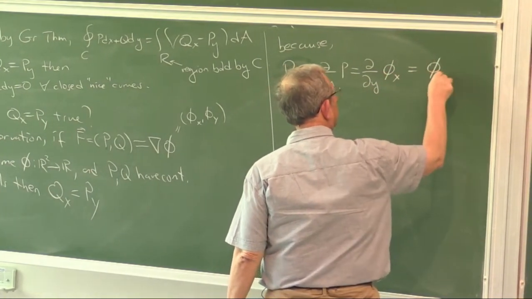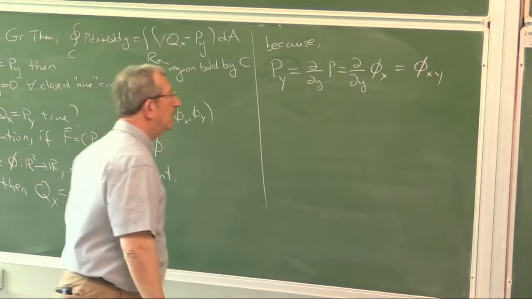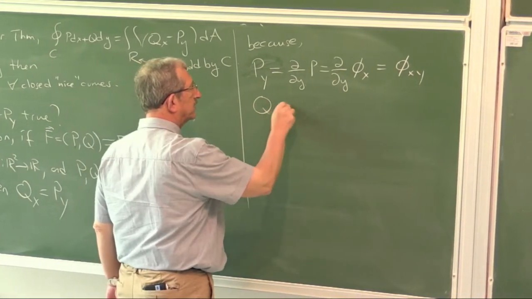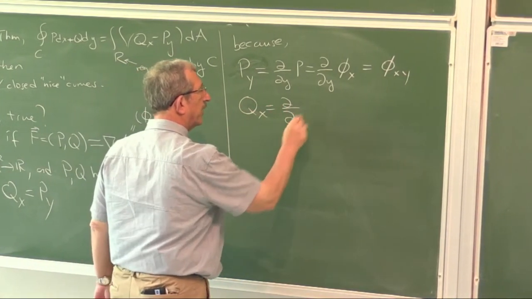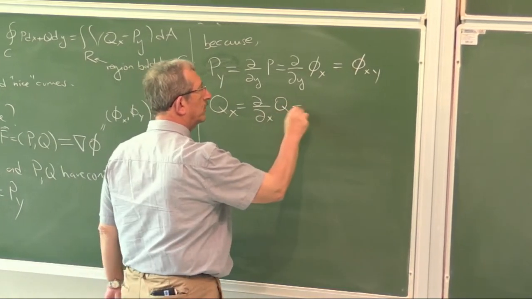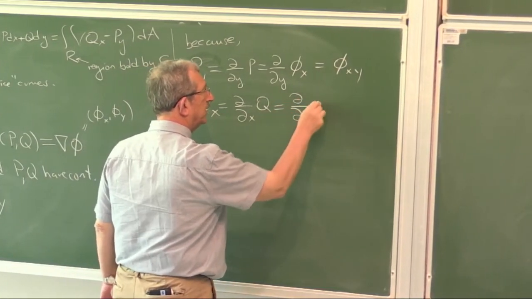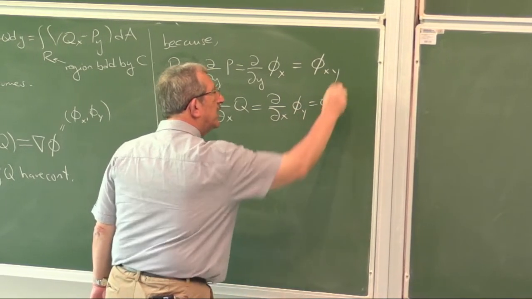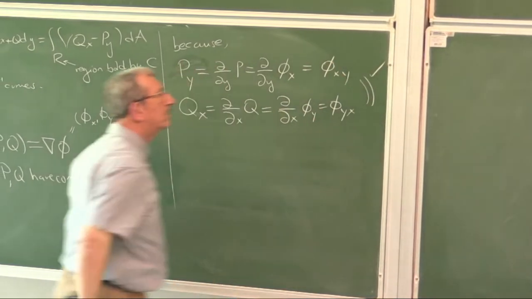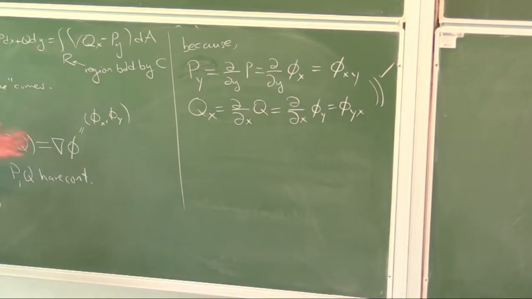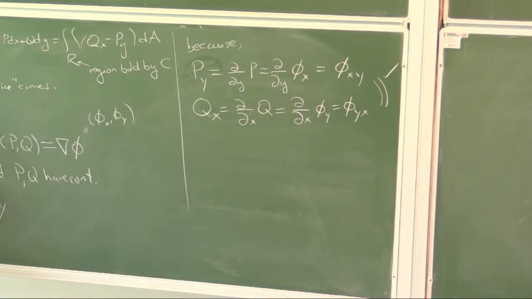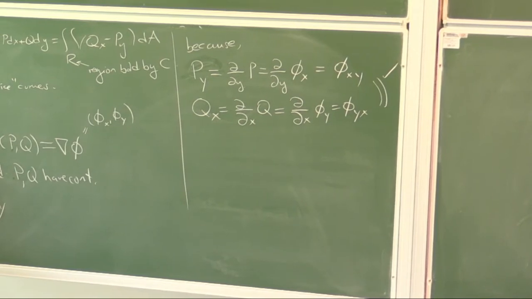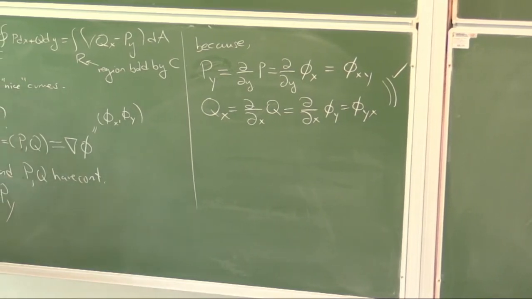So it is phi xy. Similarly, Q sub x is the derivative with respect to x of Q, which happens to be phi sub y, so it is phi yx, and these are equal because the partials of P and Q are continuous. This was one of the results we had.